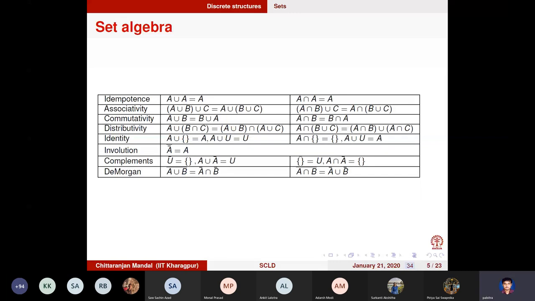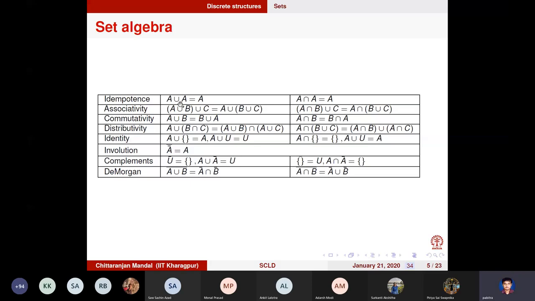Okay, idempotence. What it says is that if you take a set A and union it with itself as many times as you want, I have written here 2 times, but it actually holds if you apply it as many times as you want, say A union A union A union A union A, you get A.